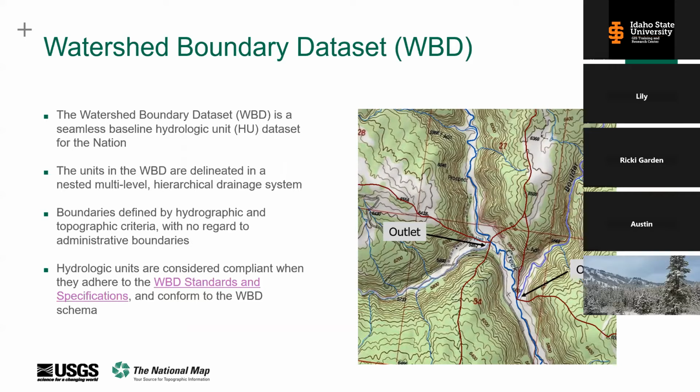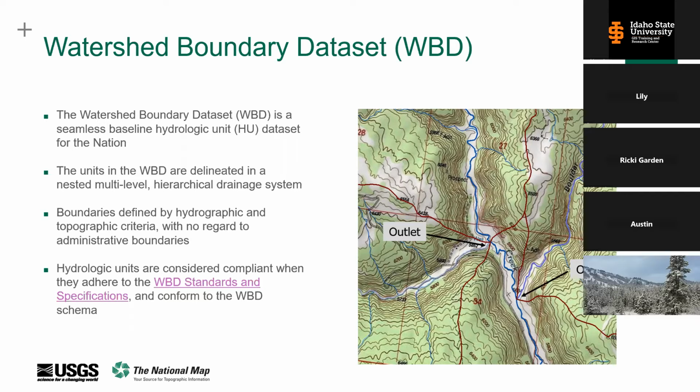Thank you. Okay, great. So the Watershed Boundary Dataset is a seamless baseline hydrologic unit dataset for the nation. And the units in the WBD are delineated in a nested, multi-level, hierarchical drainage system. That's oftentimes what we refer to it as, hierarchical.